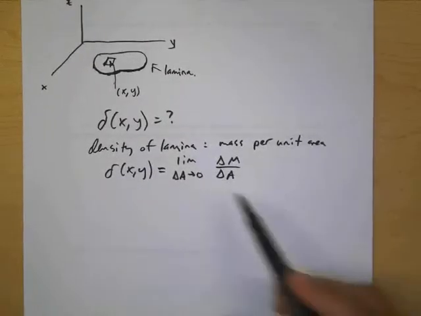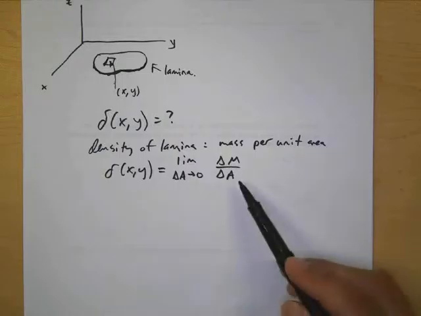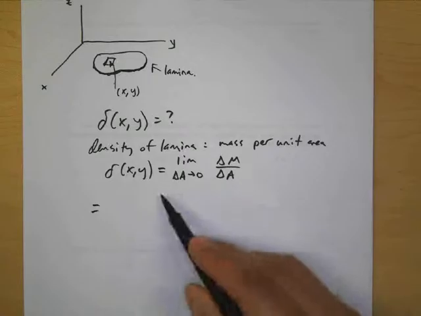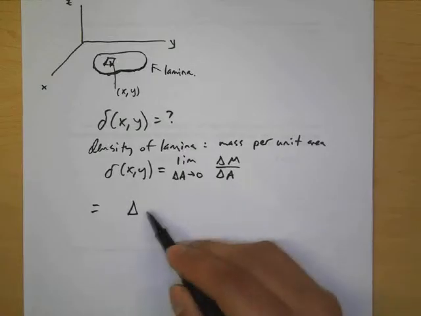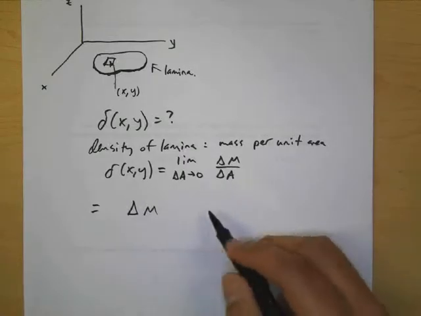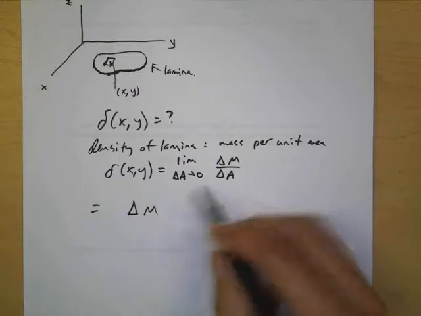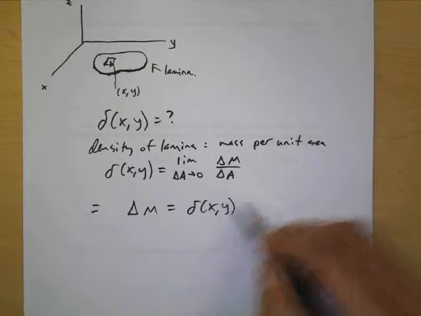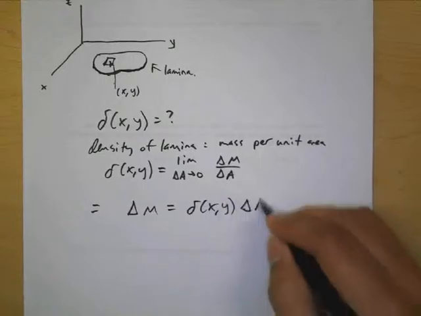And if we manipulate this a little bit, we're going to get delta M. So as we approach 0, it's going to equal density times delta area.